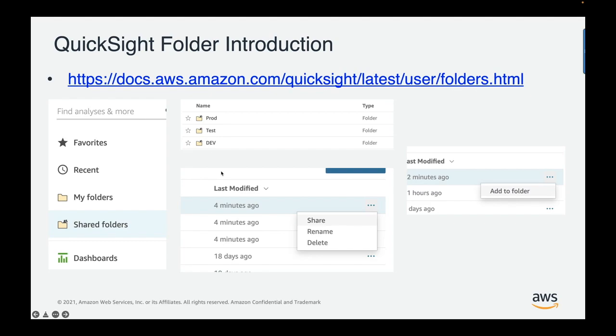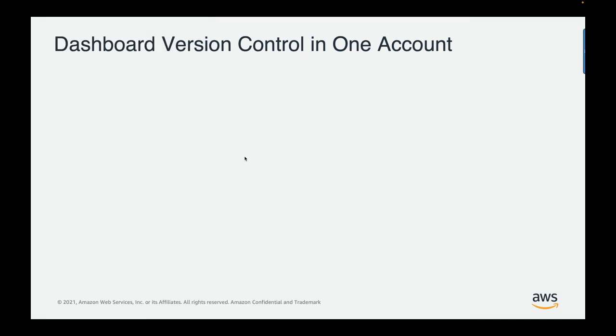That's also doable. And now let's talk at a high level about one possible way to do the versioning in one QuickSight account. How can we do the versioning? You already have an analysis, you manually develop it and say it's version 1, right?